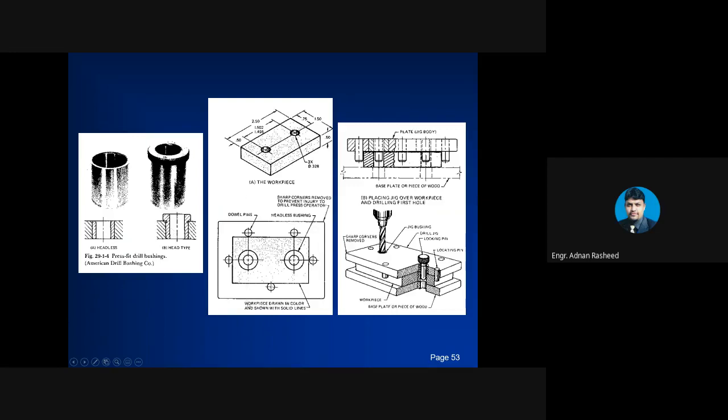We have this also as a part. You have seen that this is the work part. This is the example of a jig, and this is the fixture. Clear? So that is how we can hold our piece on drill presses.